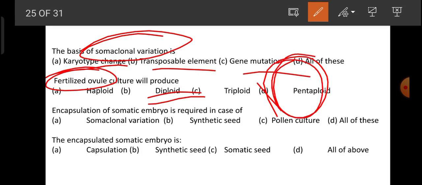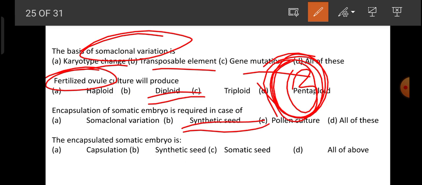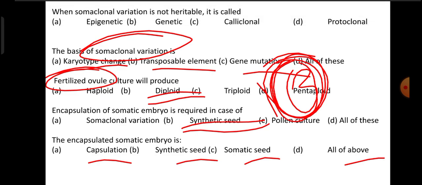With a gelling agent, encapsulation is done for somatic embryo, that is done under synthetic seed. The encapsulated somatic embryo is, options are capsulation, synthetic seed, somatic seed, all the above. Synthetic seed is the answer here.